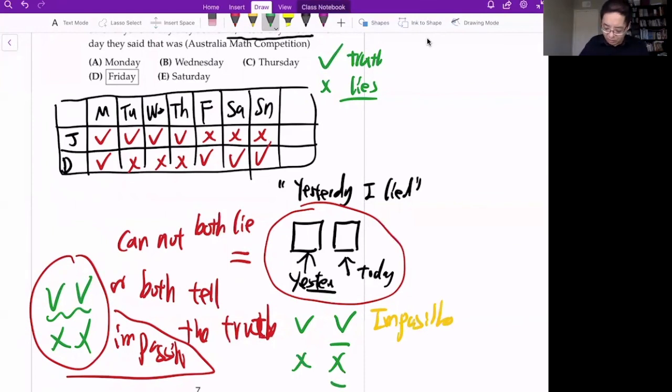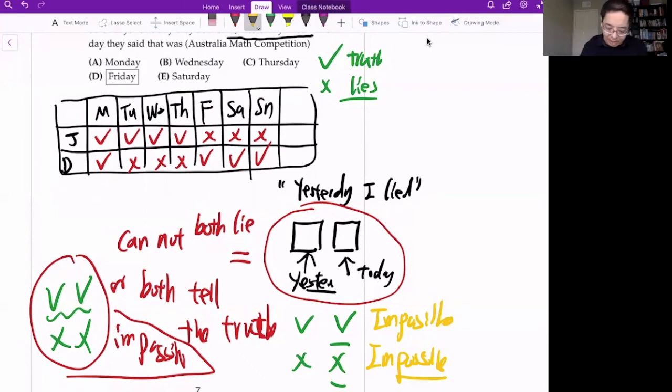So this is also impossible. We quickly conclude it cannot happen on 2 days that he either both lied or both told the truth.